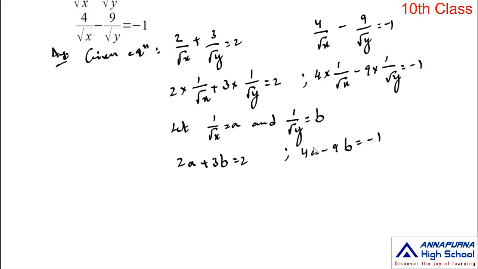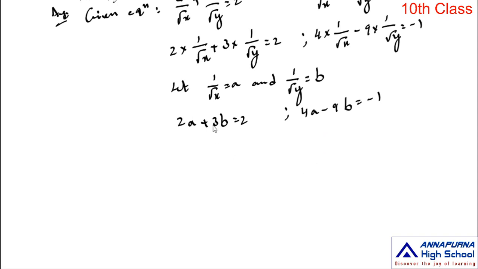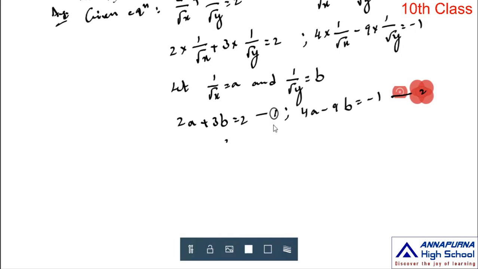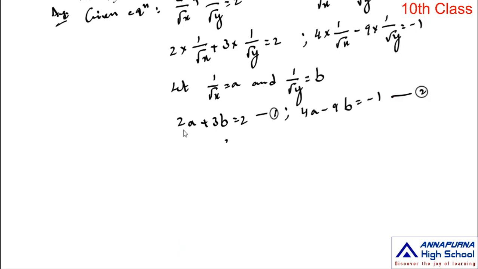Now solve these two equations by the elimination method. So write the two equations. This is the first equation and this is the second equation. 2a plus 3b is equal to 2, 4a minus 9b is equal to minus 1.